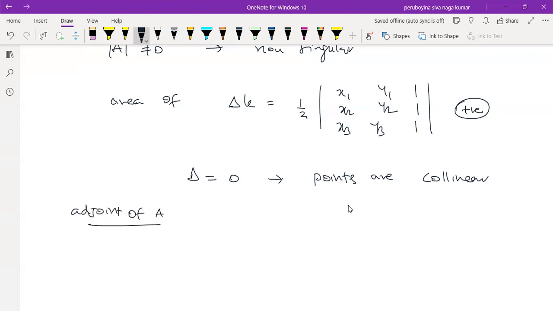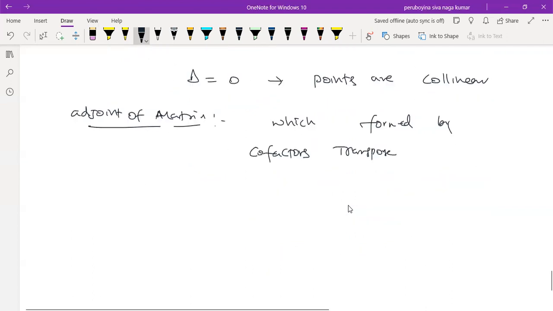Adjoint of a matrix: a matrix which is formed by the cofactors transpose is called adjoint matrix.